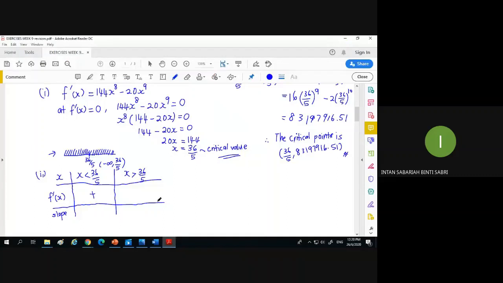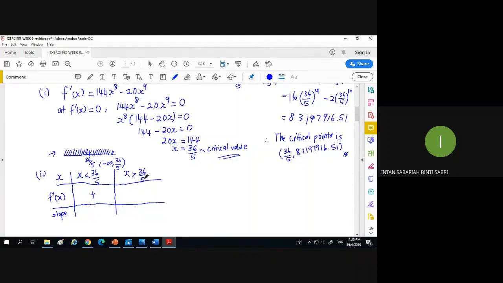Next, this one. X greater than 36/5. Like I said, 36/5 is 7.2. You take the closest value greater than 7.2, say 8. We take an integer, because if you take a decimal, it makes the function more difficult.